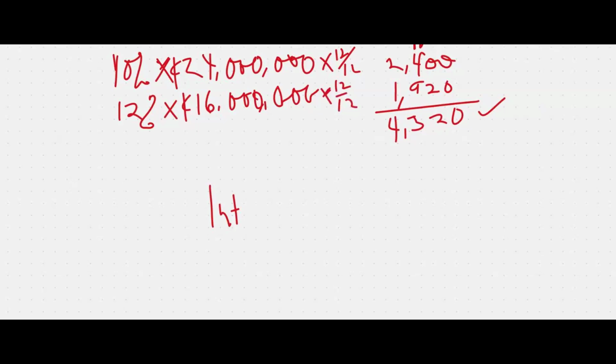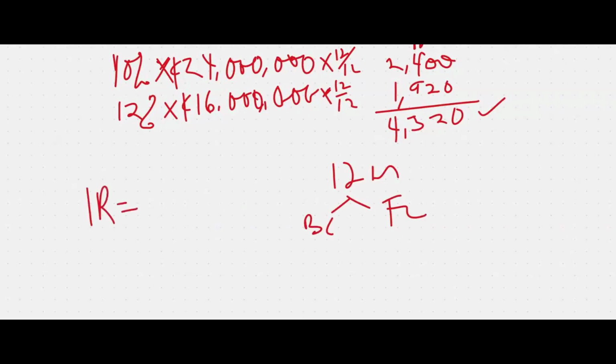I explained to you before: it is 12 months, borrowing cost takes 8 months. The remaining months go where? Finance cost. So let me write an equation: the full year interest rate is equal to borrowing cost plus finance costs. Do you guys get it?